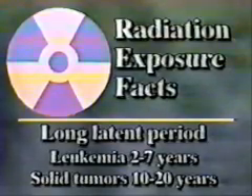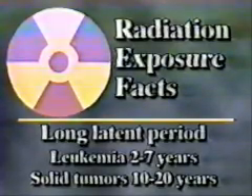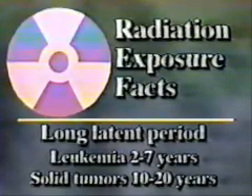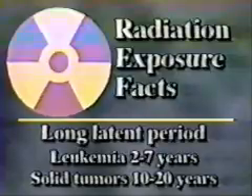Such long periods allow time for potential exposure to many other carcinogens. This makes radiation extremely difficult to study as the cause of a particular cancer. We're not certain that there's any risk of long-term effects from occupational exposure.